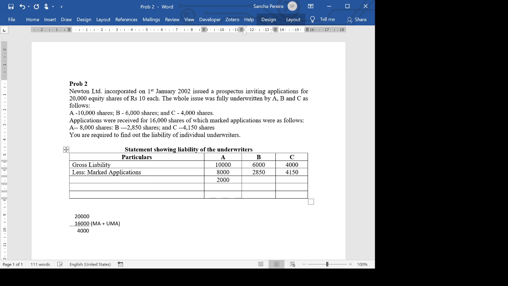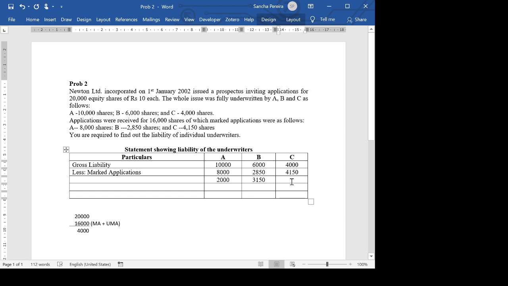In case of B, the liability has come down to 3,150. Okay, now see, now something else happens here. The liability of C initially was 4,000. But he has received a surplus in his favor. That means even at the end, C won't have to take up anything because his liability is already done because he has received 4,150.